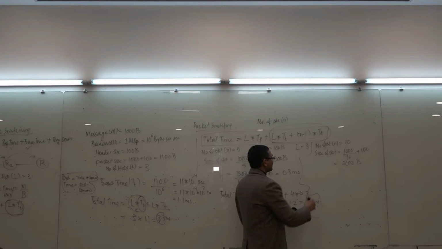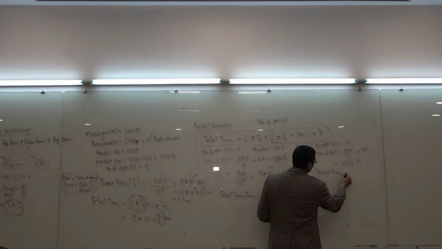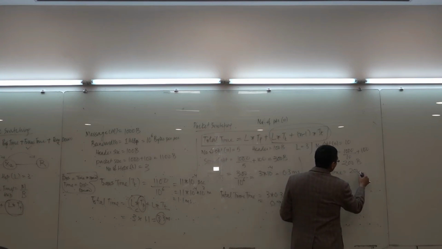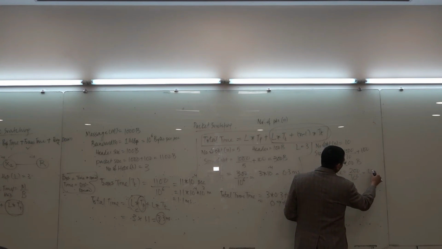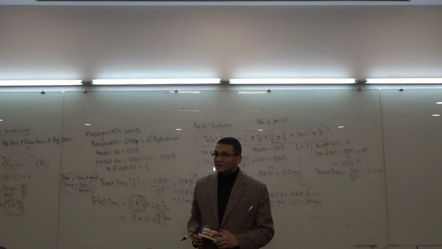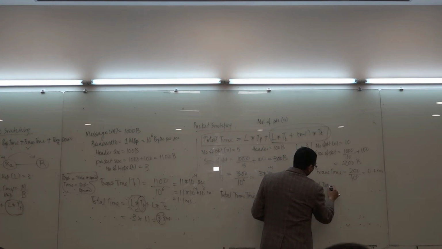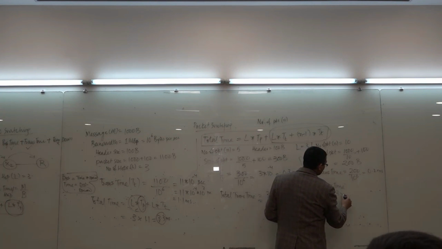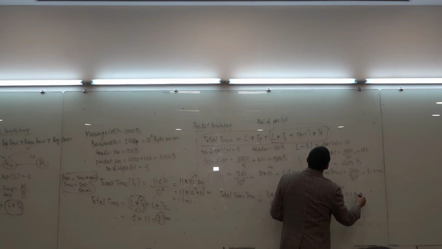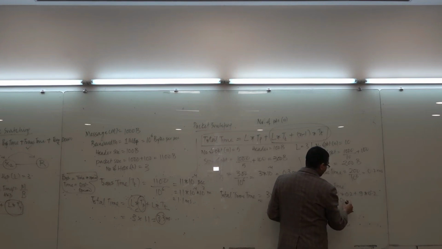And the transmission time per hop will be 0.2 milliseconds, and to find the total transmission time we will use the formula 3 into 0.2 plus 9 into 0.2, and this is 0.6 plus 1.8, which is 2.4.